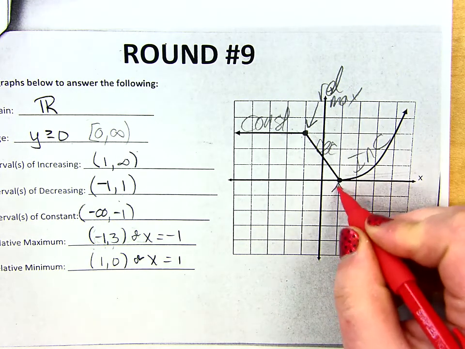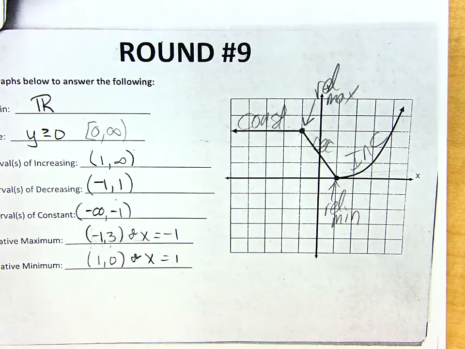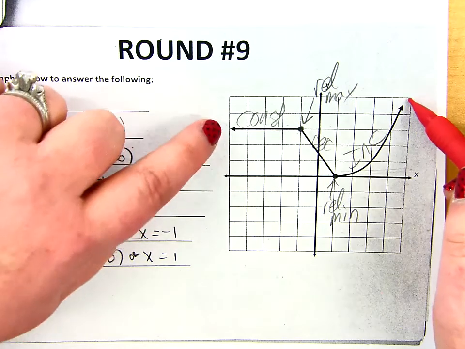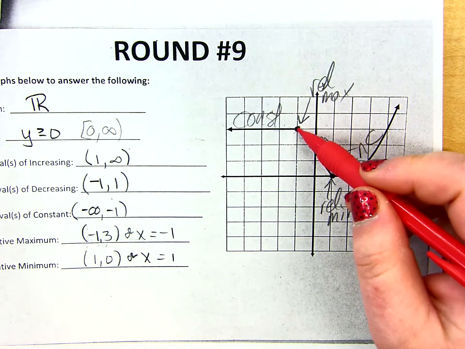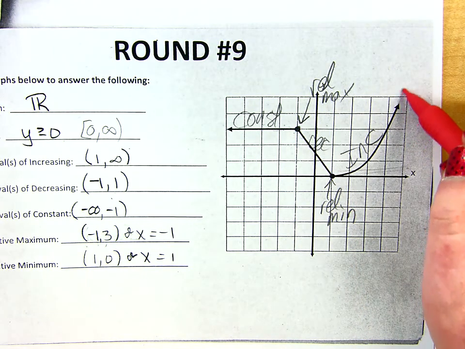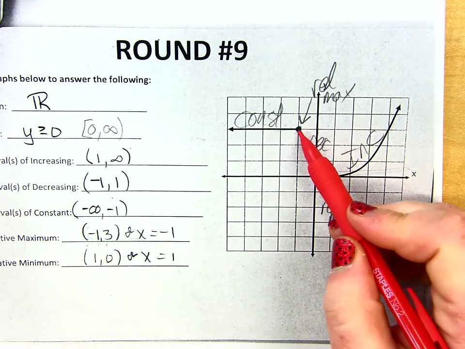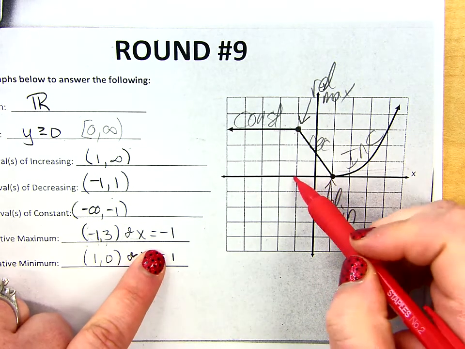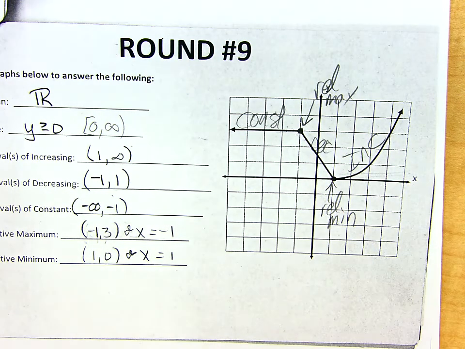And then this guy is going to be a relative min. We never are concerned with the endpoints. So even though this endpoint certainly will get higher than that relative max, it doesn't matter. The endpoints we ignore. We're only looking at what's going on in the middle of the graph. So where is this happening? This happens when x is equal to -1, whereas this one happens when x is equal to +1.